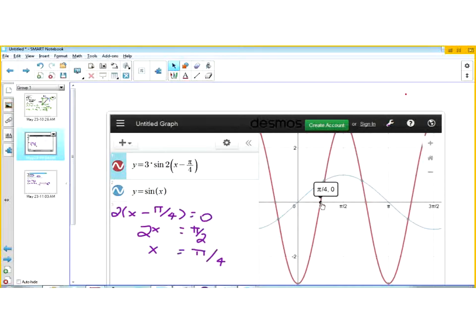And so the end of the period would occur by setting the argument to the sine function equal to 2 pi.